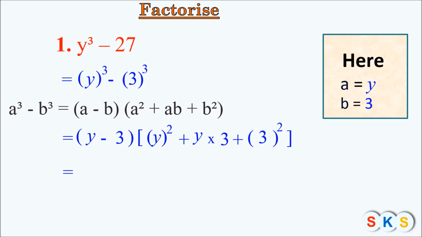So we will get equal to, the first bracket has two terms, y minus 3, and they are unlike, so it cannot be simplified further. We will copy it as it is.